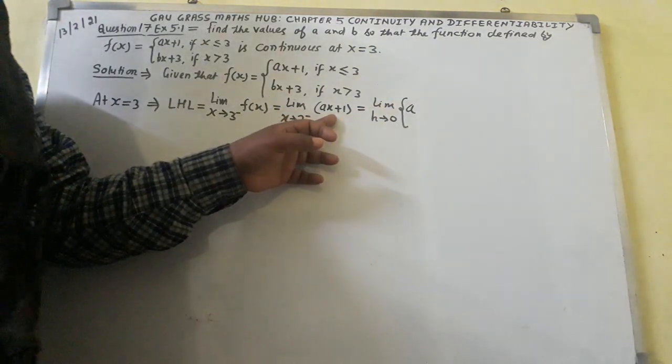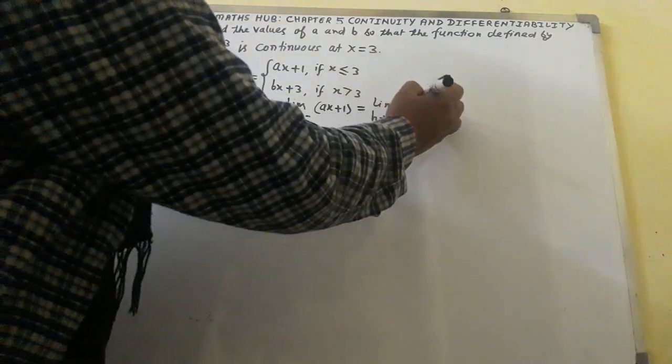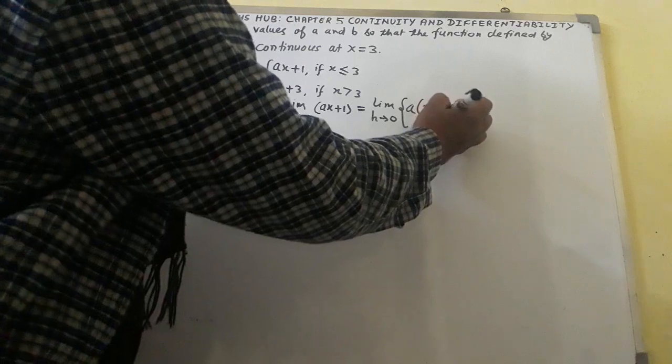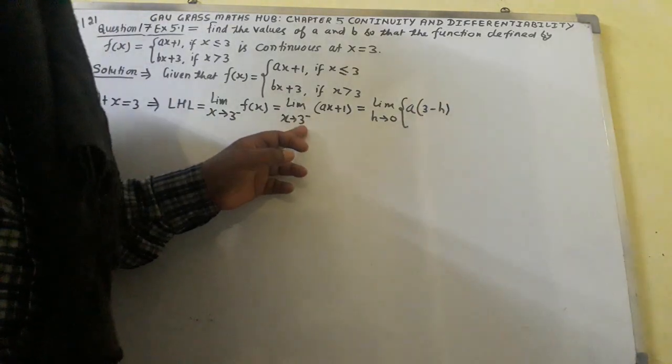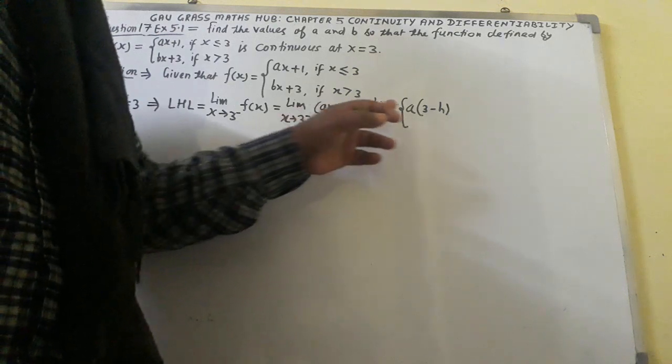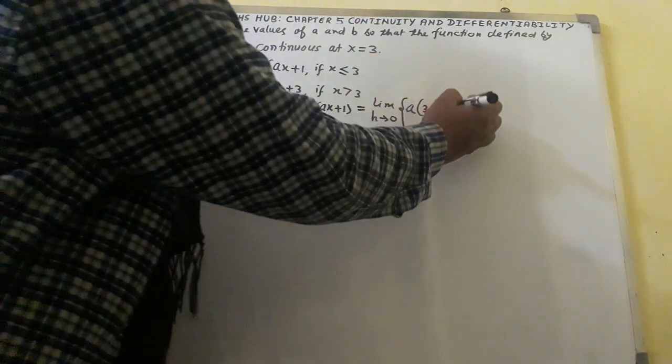In place of x I shall write 3 minus h, since x equal to 3 minus h. So in place of x, I write a times 3 minus h, plus 1.